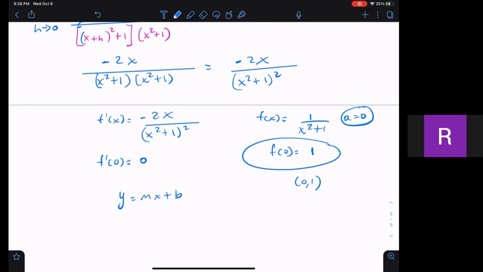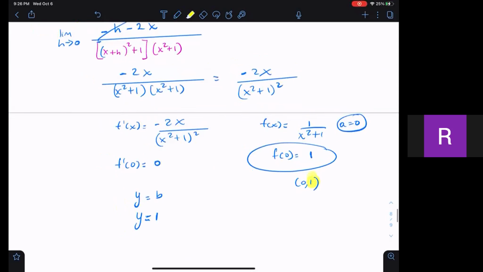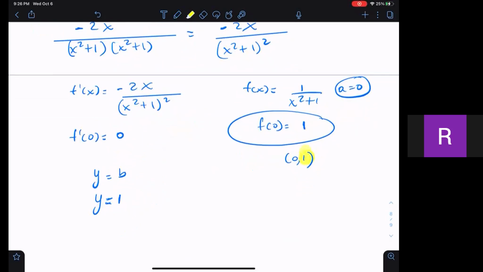There's no slope intercept form, because if the slope is 0, that means that this term disappears entirely, right? So we have just the y-intercept, which is y equals b, right? So y equals b means what? It means just the y-intercept, right? So that's just 1, the y value of this, right? So that's it. We're done. That was it. Next.